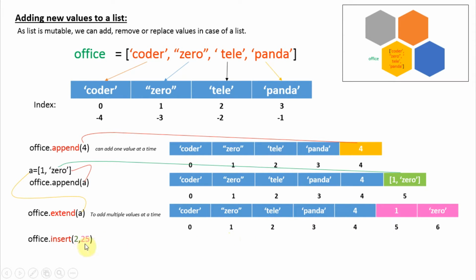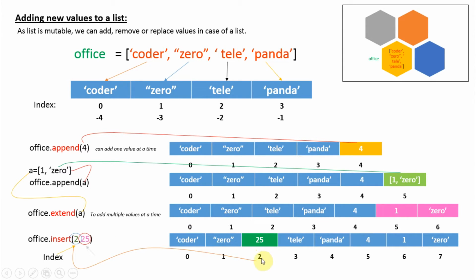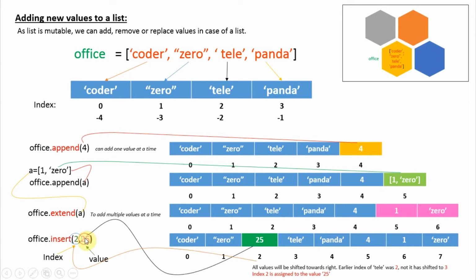Then it will put the new value at index number 2, just like this. This is index 2 and this is the value we want to place at index 2. So this is placed here. You can see here tele was present at index 2 earlier, then it is shifted to index 3, then panda is shifted from 3 to 4, and so on, right? Insert just shifts every item towards the right, then it will place the new value at the index position.